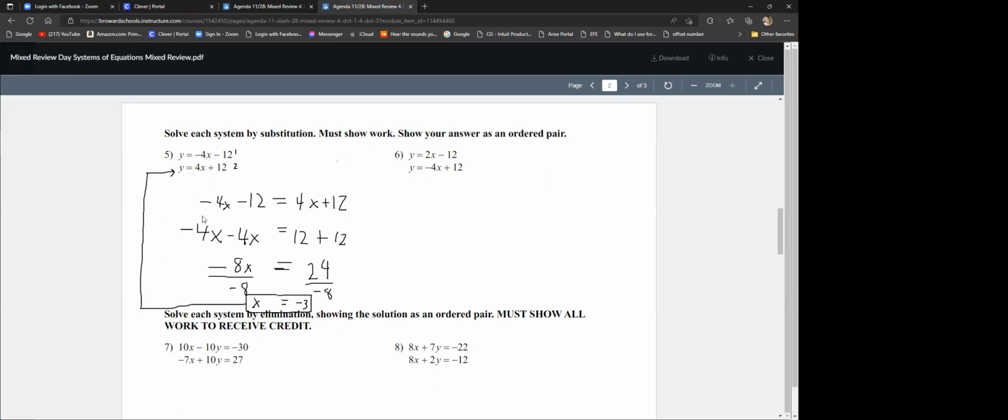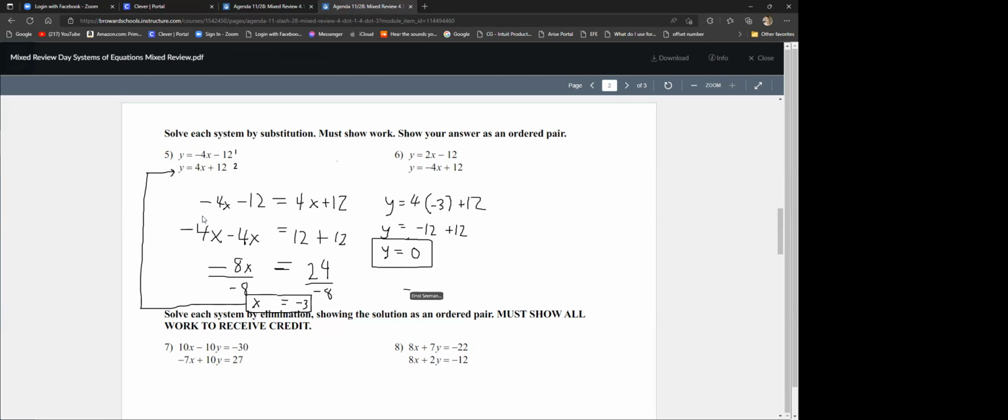We have y equals 4 times negative 3 plus 12, which is what? 4 times negative 3? Negative 12, right? Plus 12. What's negative 12 plus 12? It's 0. There you go.